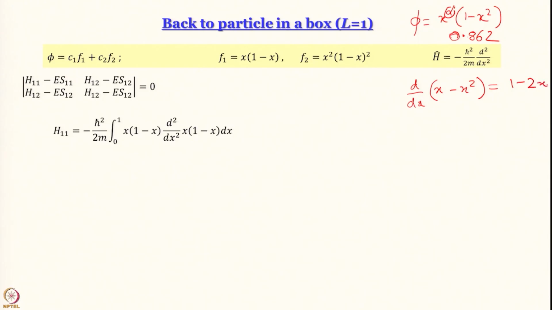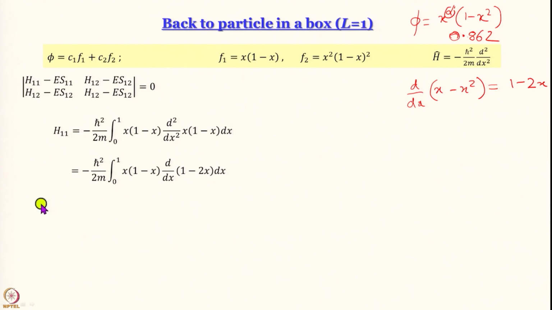So, for the second derivative we have to differentiate the first derivative, 1 minus 2x, and we have got minus h cross square by 2m outside the integral. What is d dx of 1 minus 2x? I will not even bother writing, it is simply minus 2.